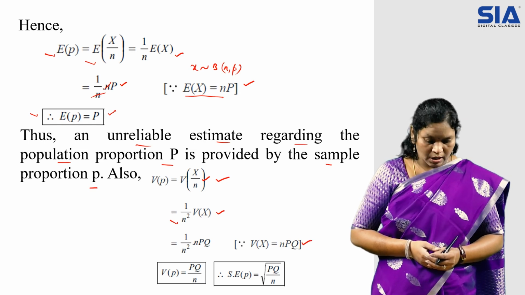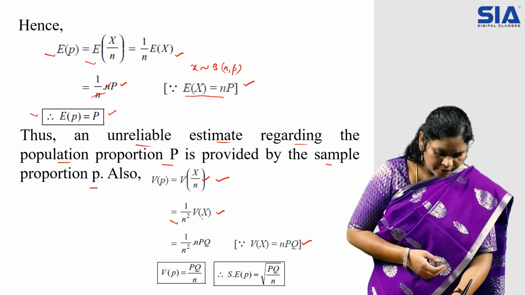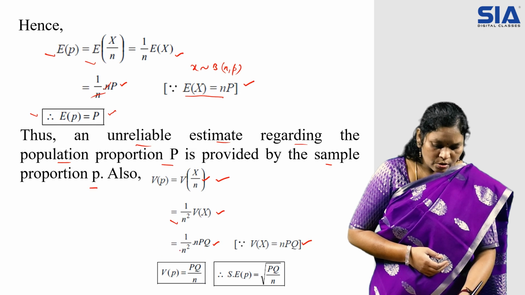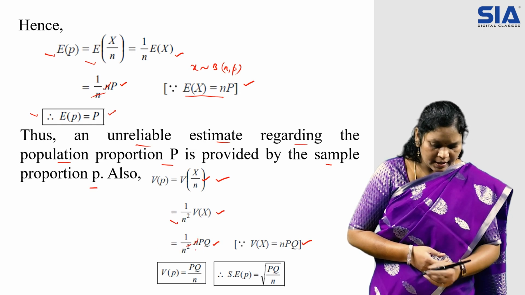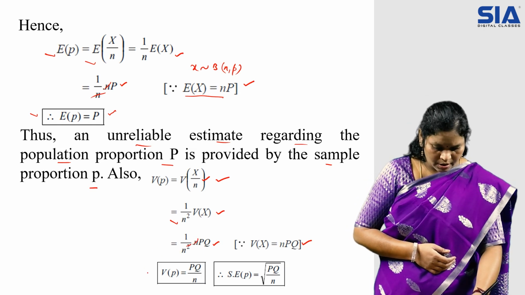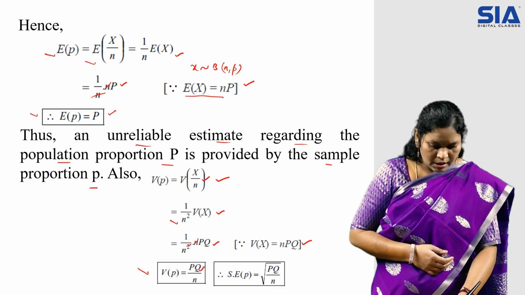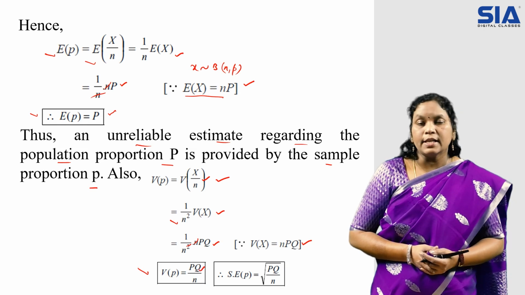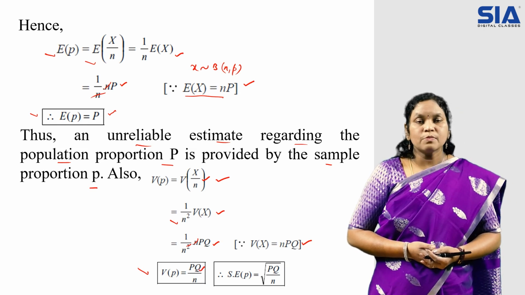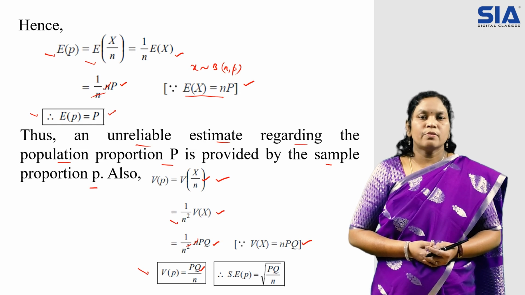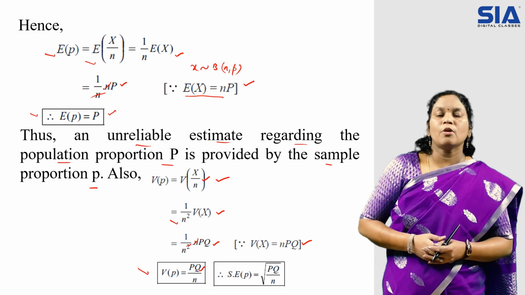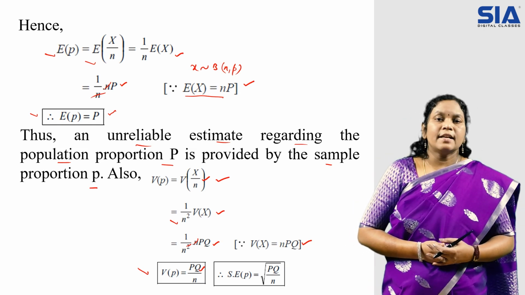So I am substituting npq here instead of variance of x. So n and n will get cancelled. The leftover terms are: variance of p is capital P into capital Q by small n. So that is the variance of small p I have got. Now I don't want the variance in our formula for normal distribution. We need the standard error over there.